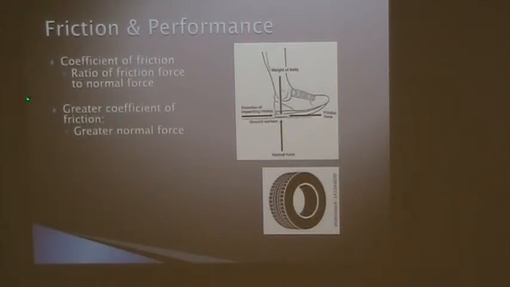So if you want to increase friction, you want to increase the normal force. If you want to decrease friction, you want to decrease the normal force. Really, you don't need to know that term as much as just know what I just said: to increase friction, you increase normal force; to decrease friction, you decrease normal force.